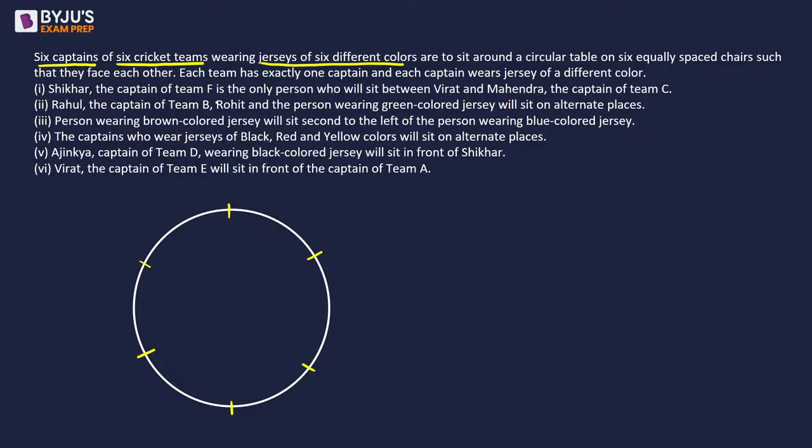Shikhar, the captain of team F, is the only person who will sit between Virat and Mahendra, the captain of team C. Rahul, the captain of team B, will sit like this. And so let's do one thing, let's write down who is the captain of which particular team, right?